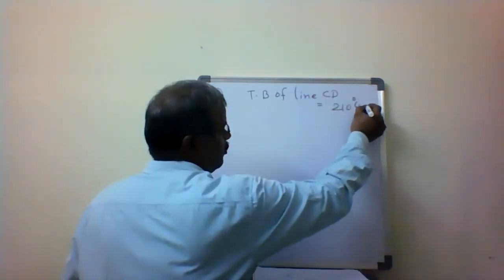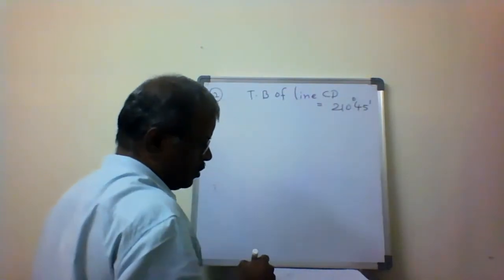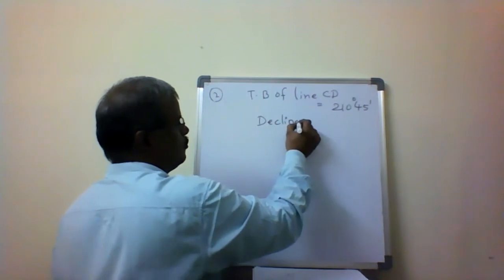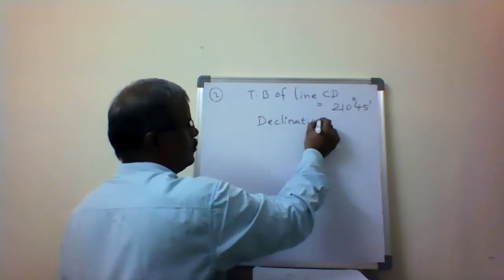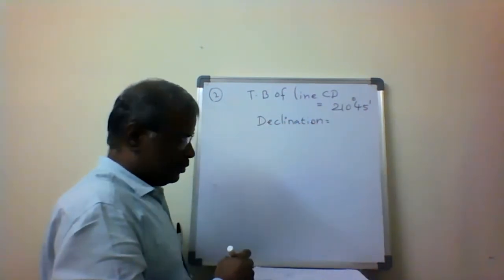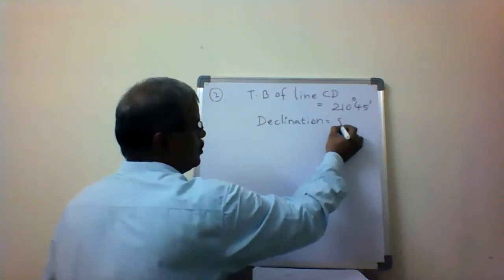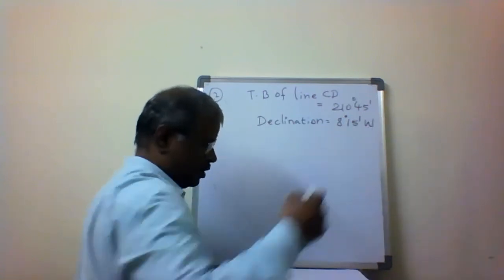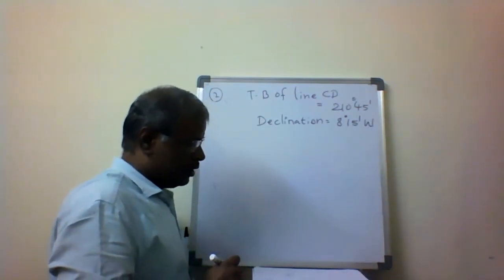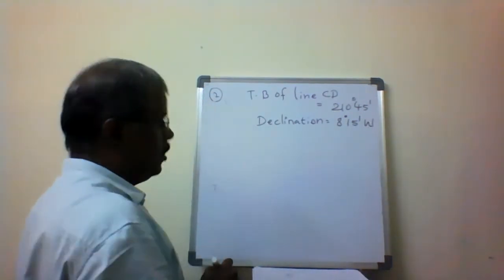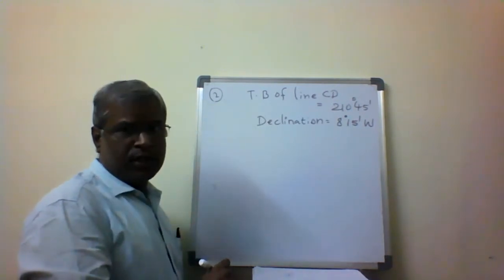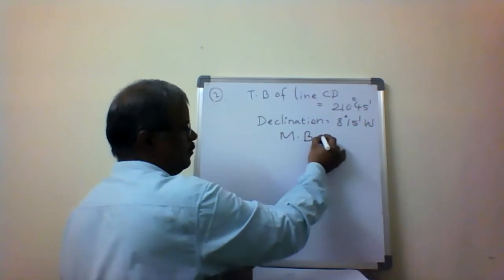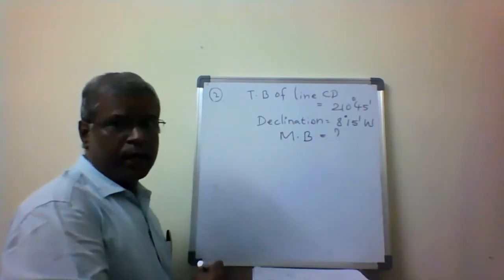The declination equals 8 degrees 15 minutes west. The true bearing of the line is given, and the declination is given. We have to calculate the magnetic bearing.